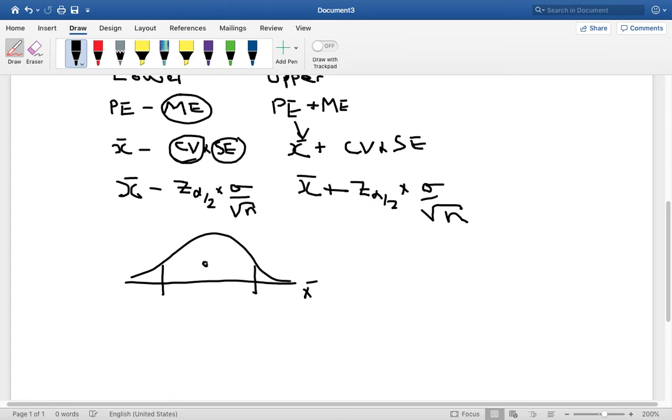This area in here is going to be 95%. And the area on the side bits, the tail bits, this area in here is going to be 2.5%, and the area over here is also going to be 2.5%, giving you a total of 100%.